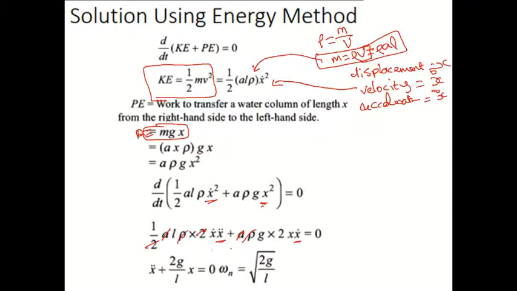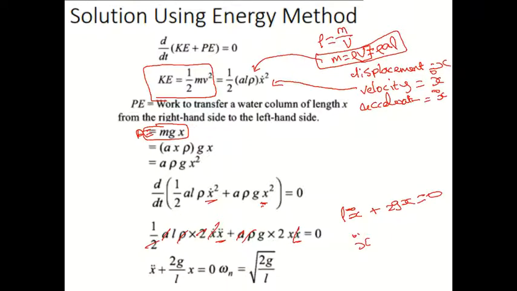What else? x dot is a common term. What is remaining? L x double dot plus 2gx equal to 0. Now remove this L.